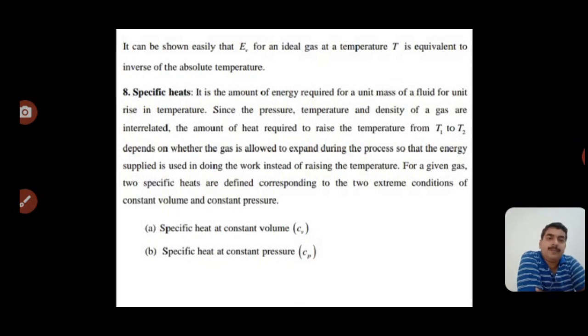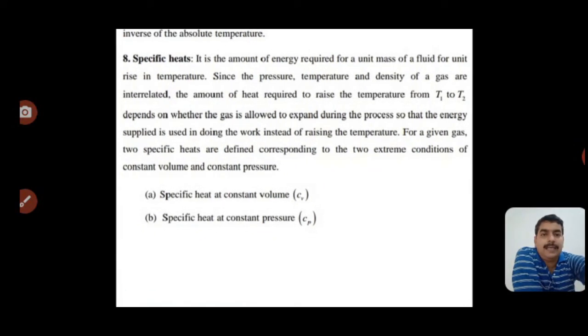Therefore, two specific heats are defined: the first is the specific heat at constant volume, C_V, and the second is the specific heat at constant pressure, C_P.